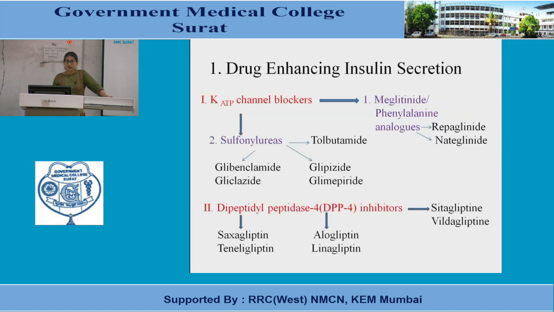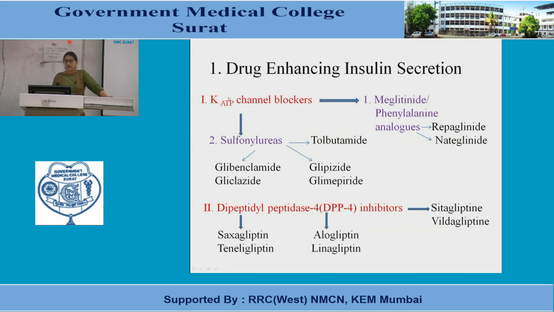So now we come to the classification. This is the potassium ATP channel blockers, under which come the meglitinide or phenylalanine analogs. Under these drugs we have repaglinide and nateglinide.